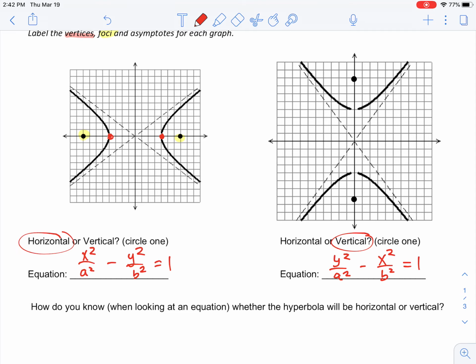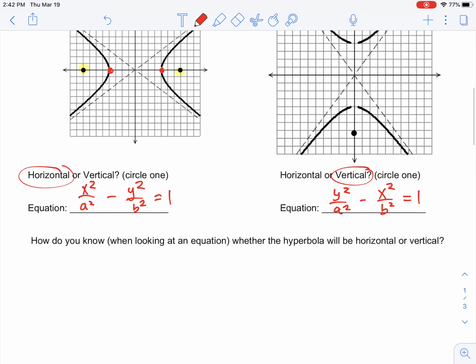In an ellipse, a was always the larger number. In a hyperbola, that doesn't have to be true. It's different. It's that a always goes with the positive term. Let's see here, which term is positive? That's how you know.